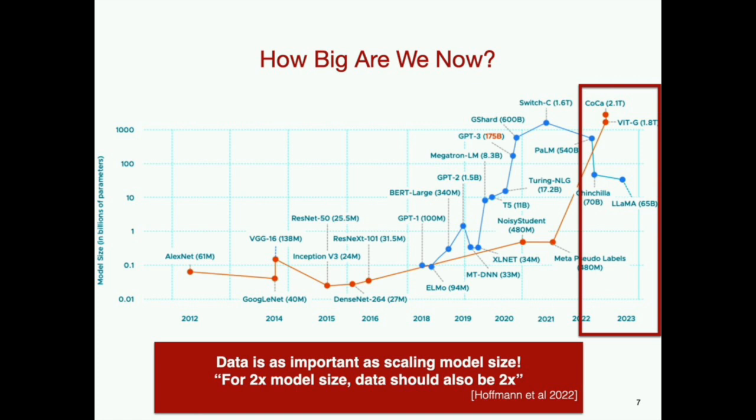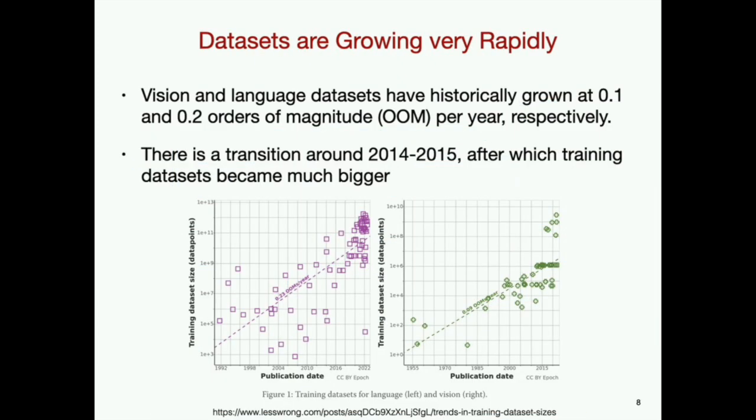Otherwise, our machine learning models are going to be undertrained, and we are not getting the optimal performance. This was a little bit contradictory to the previous scaling law effect that was observed. And now, people went down with the size of the models, and we started to massively increase the size of our training data sets since then.